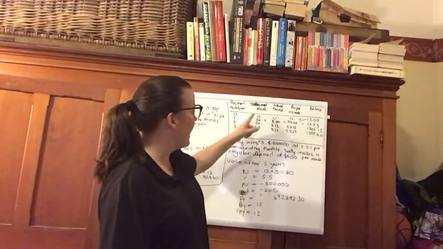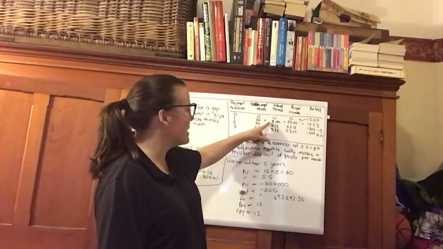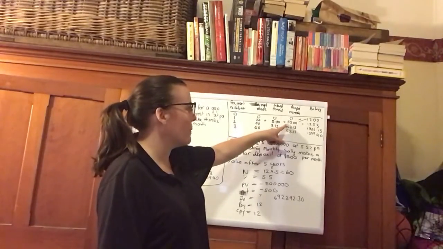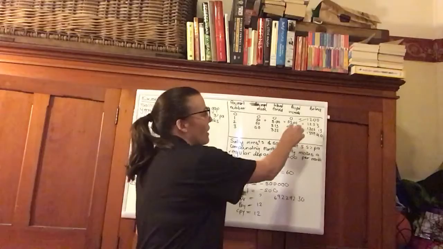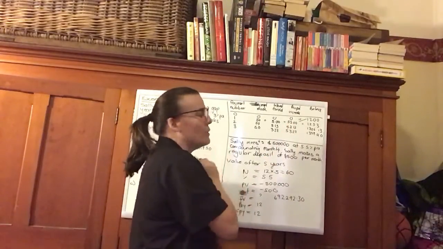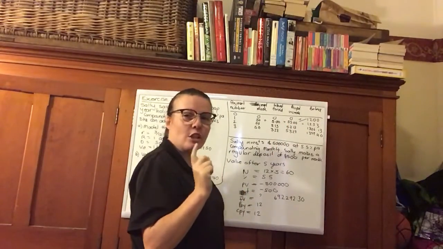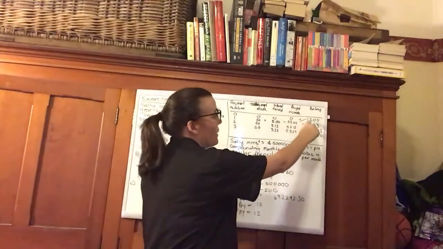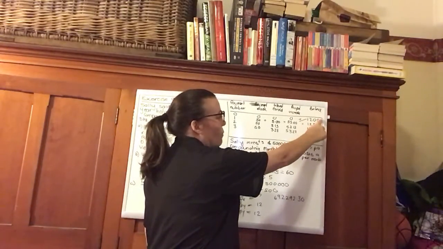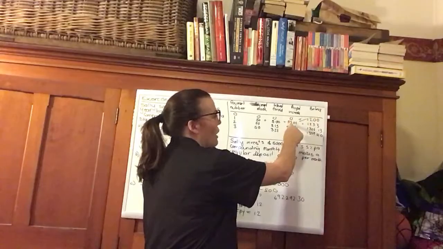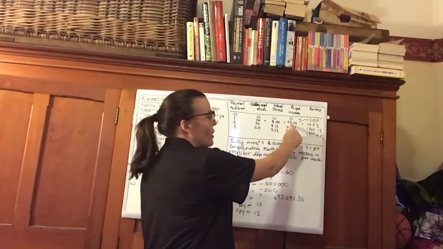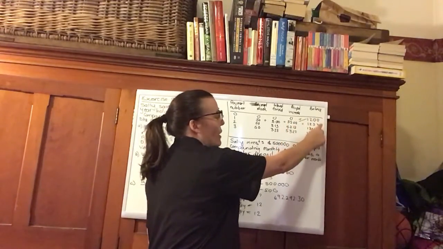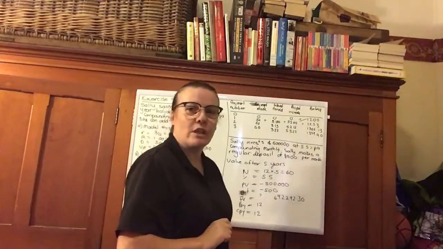When you're filling it out, it's this number plus this number that gives you this number. So if the principal is increasing by $53, the new balance is going to be the value up here, 1,200 plus the $53 to give us 1,253.